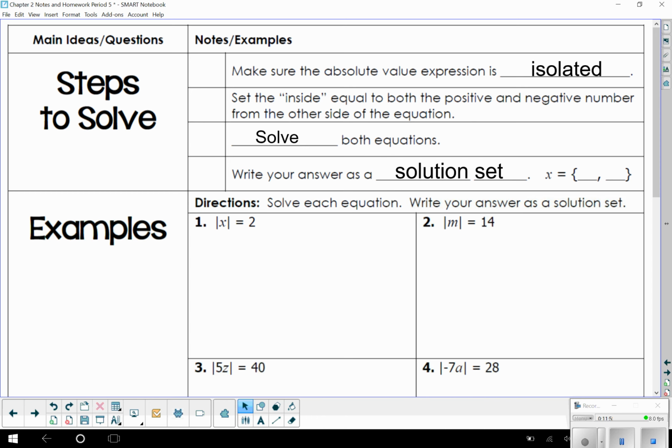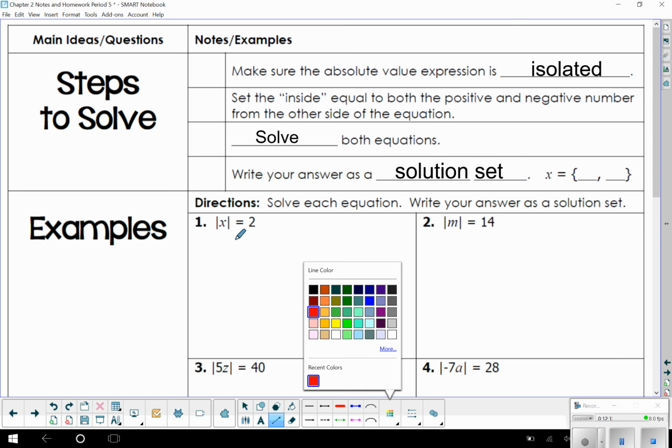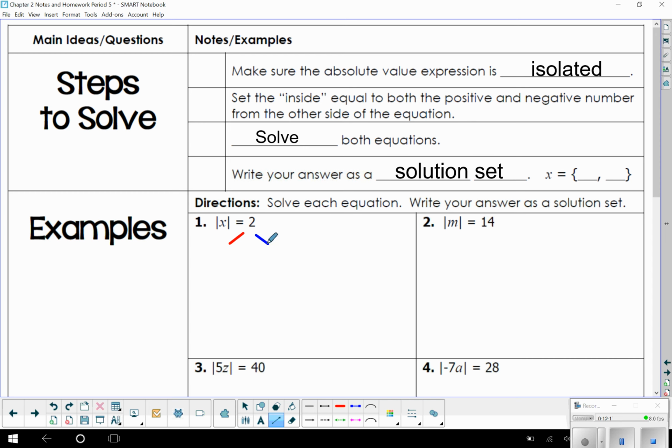So how does this work? Well, let's start off easy and go from there. Okay. So for number 1, what it said was set the inside equal to both the positive and negative number from the other side of the equation. So what you're going to do is make 2 equations here.